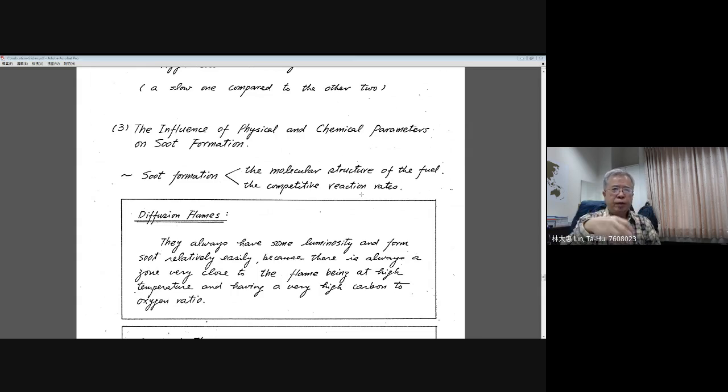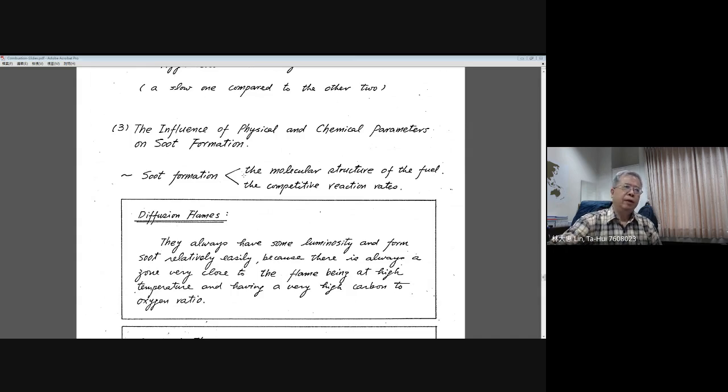Okay, soot formation means you form the soot through the decomposition of your liquid fuel, right? And oxidation means you have oxygen coming in, and they will react with your carbon particle, and these two reaction rates are competing.